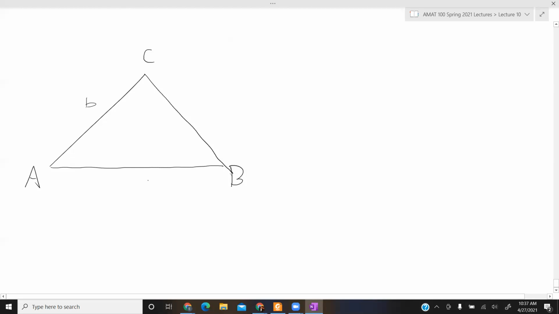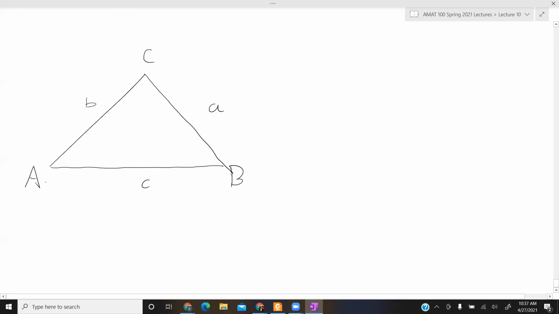Otherwise, the equations might not hold. We put them in this way. I mean, you can do A, B, C, but you just got to be careful about how you label the sides. However you label the angles will determine how you're going to label the sides.